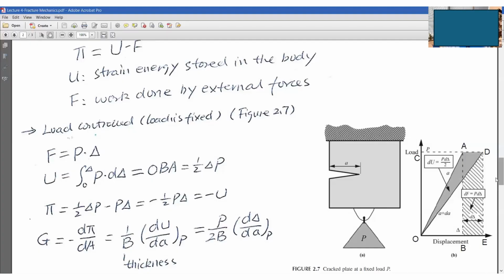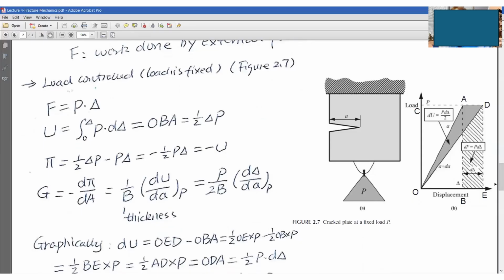Okay. So you should be clear that this curve represents the curve with the crack length of A. This straight line represents the curve of the crack length of A plus dA. So we just assume another case scenario where the crack length equals A plus dA.